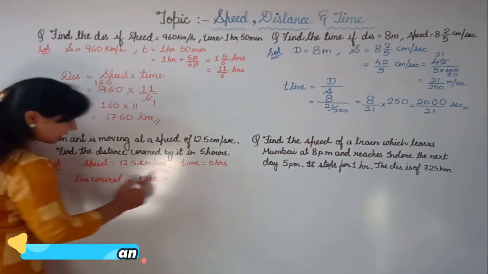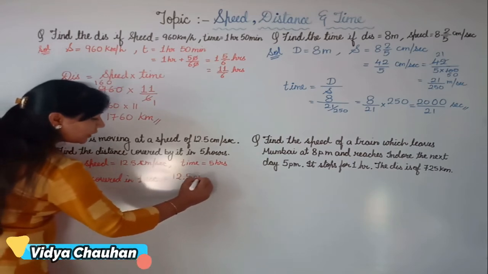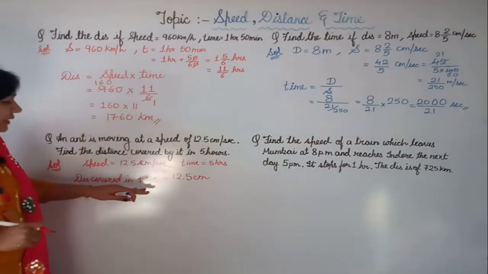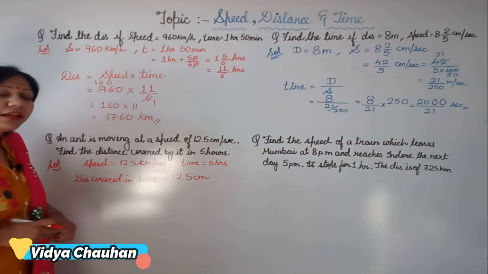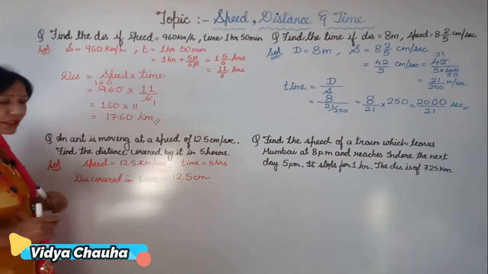So how much distance is covered by the ant in 1 second? 12.5 centimeter. This is the distance covered by the ant in just 1 second.